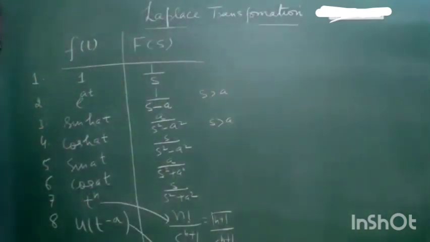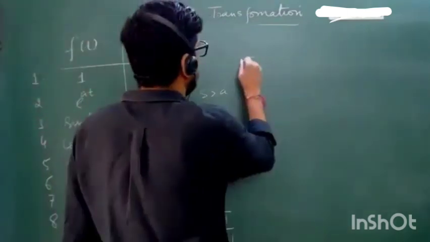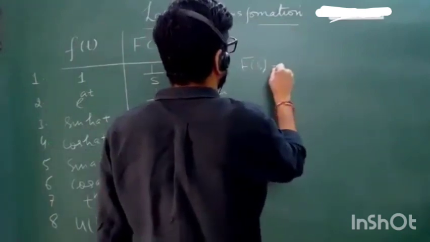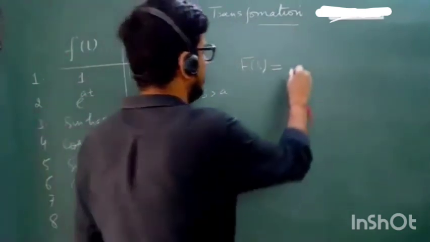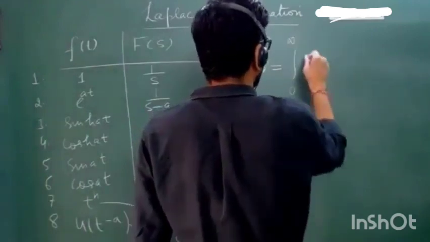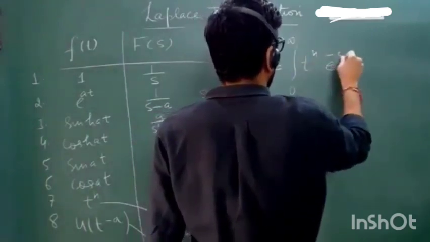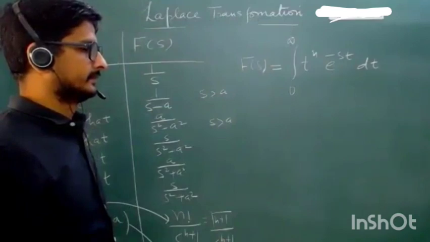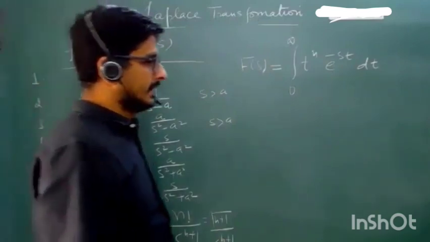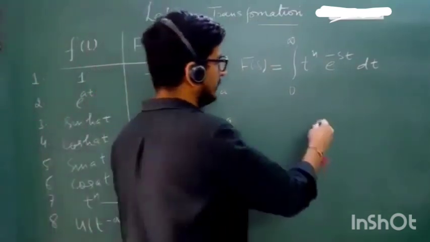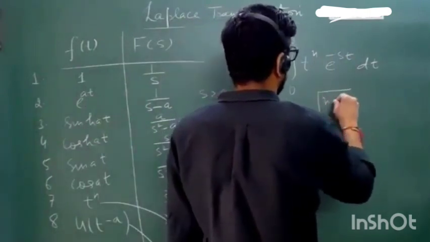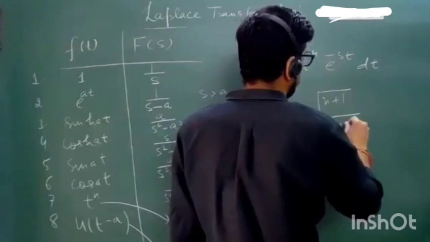Now t to the power n. So the Laplace of t to the power n will be given by the integral from 0 to infinity of t to the power n e to the power minus st dt. Correct? And what is the formula? Gamma n plus 1 upon s to the power n plus 1.